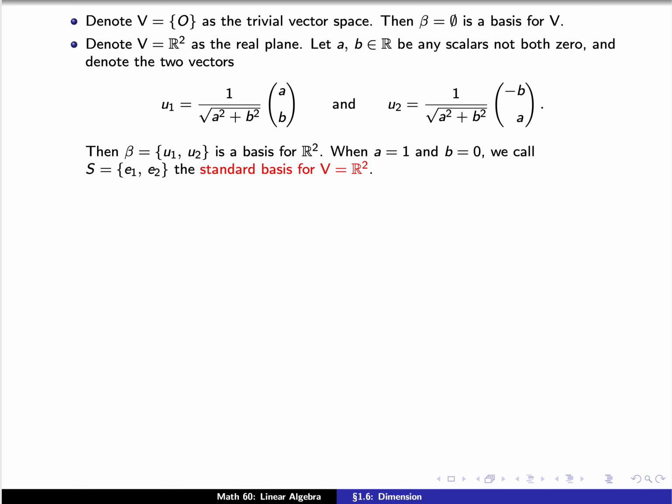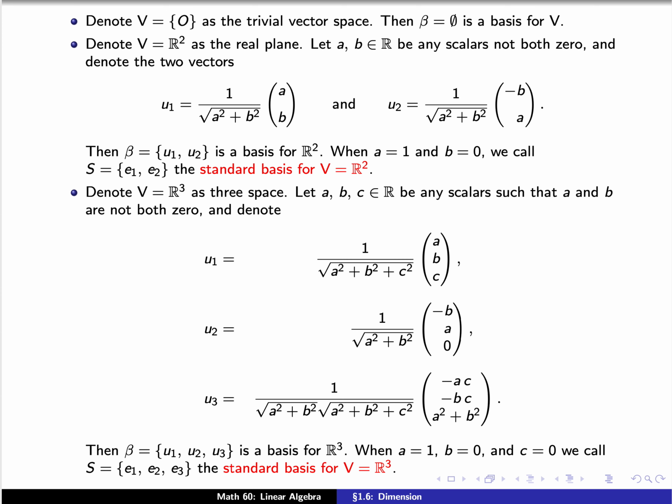Beta, the set containing U1 and U2, is a basis for R2. In particular, when A equals 1 and B equals 0, we recover vectors that we denote by E1 and E2.